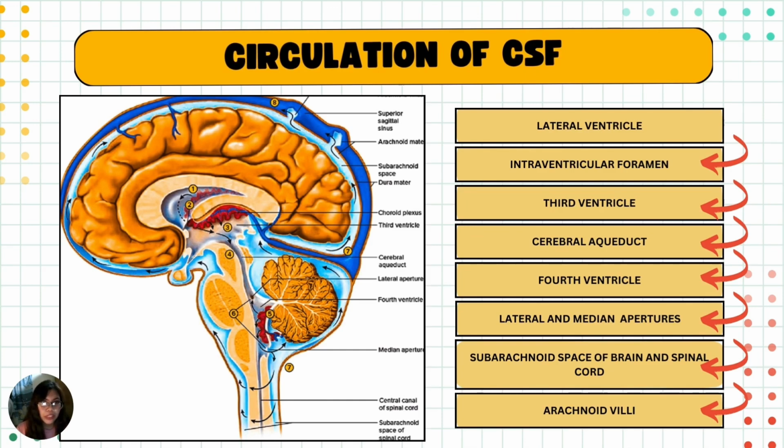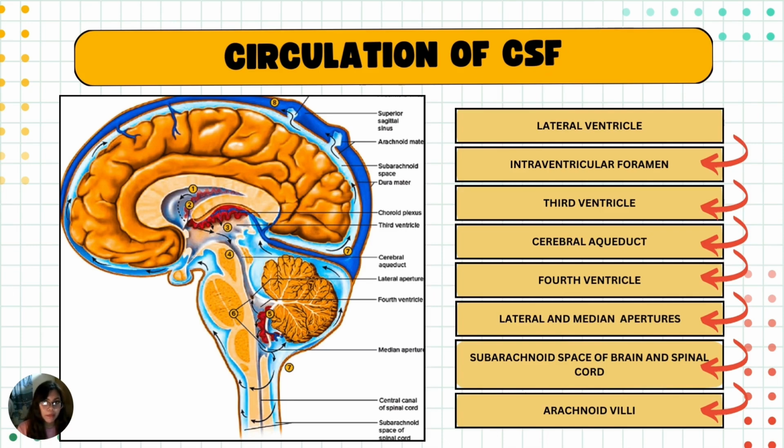So we actually have numbers 1 to 8 in the diagram. For number 1, CSF is secreted by the choroid plexus in each lateral ventricle. Second, the CSF flows through the intraventricular foramina, also called the foramina of Monro, into the third ventricle.